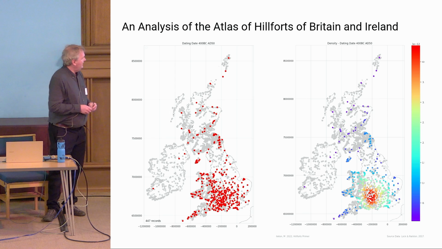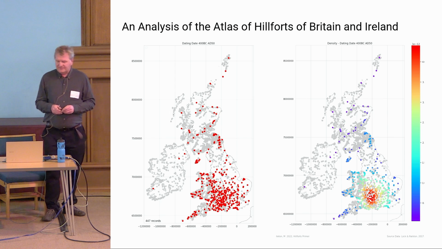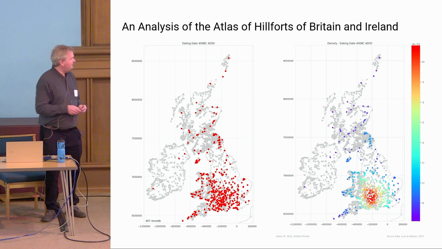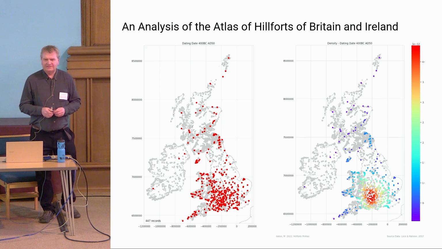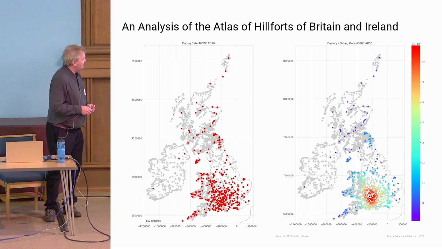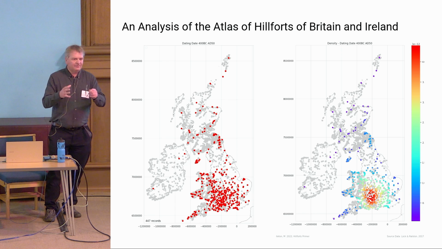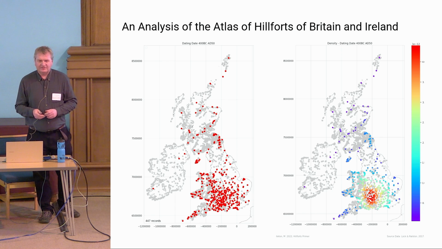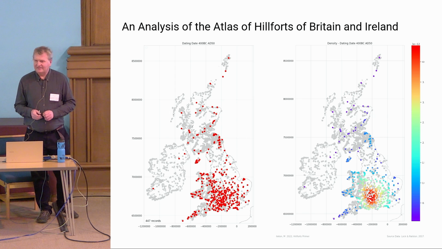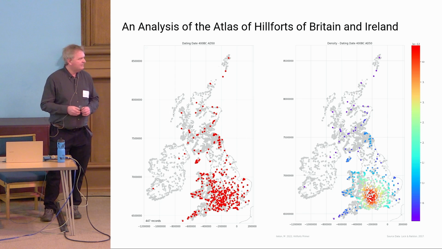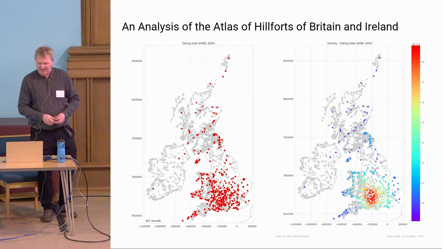This is an image of forts dated 400 BC to AD 50. I'd argue this is a false cluster in this situation, because what it's showing us is not that there's a concentration of forts of that period in this area. It's just showing us that there's actually been a lot of excavation in this area. It's not really telling us so much about forts. It's really telling us we need to do more excavation outside of that area.